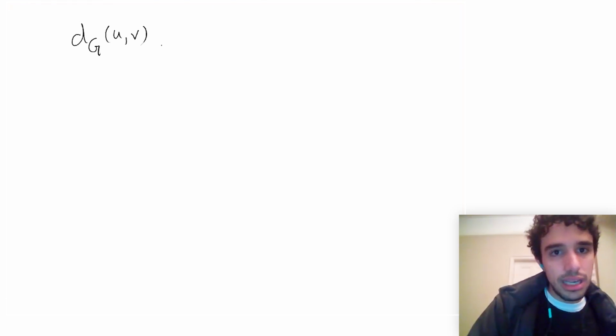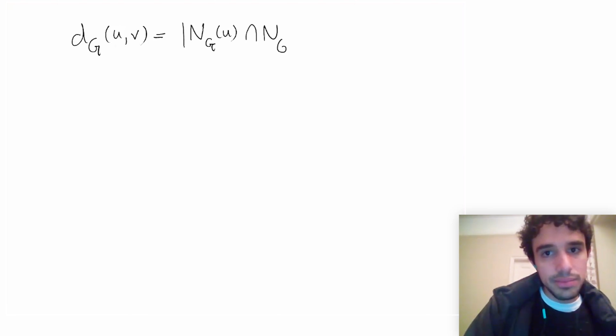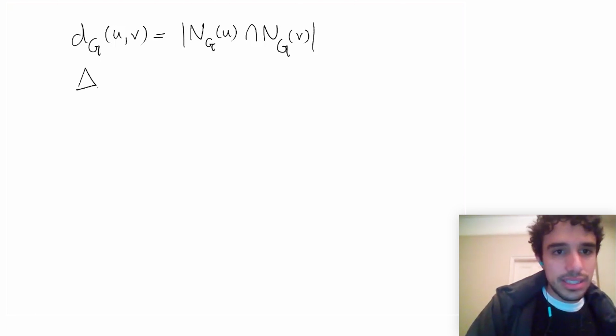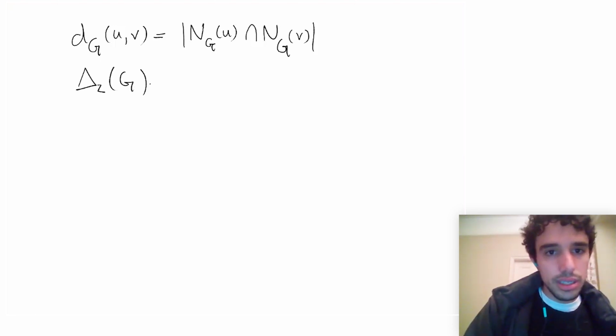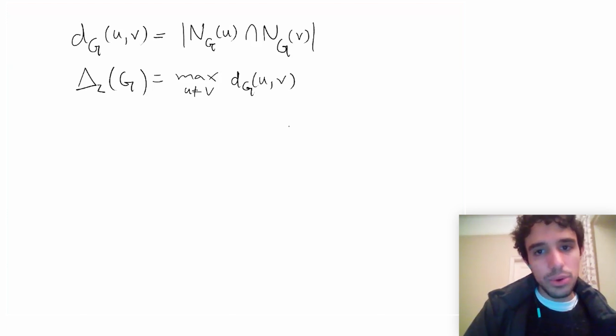And the condition we put is very simple. It has to do with the codegrees of the graph. We define d_G(u,v) in a graph to be the size of the intersection of the neighborhoods of u and of v. And we define delta 2 of a graph G to be the maximum over u different from v of d_G(u,v). So this is just the maximum codegree.